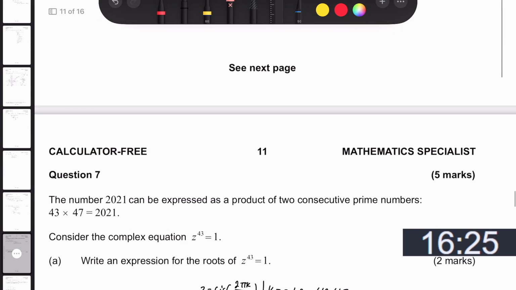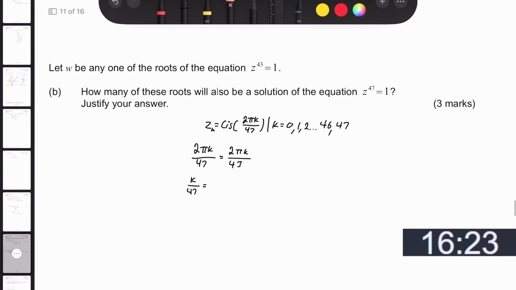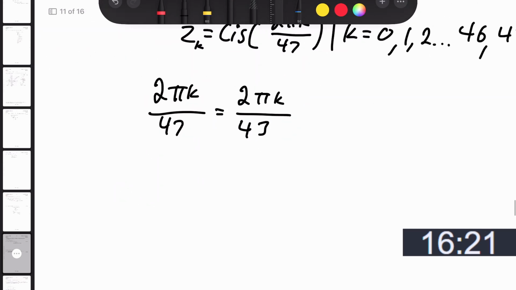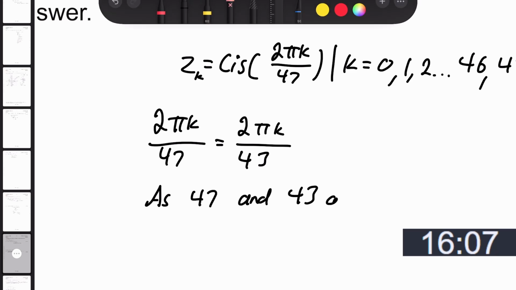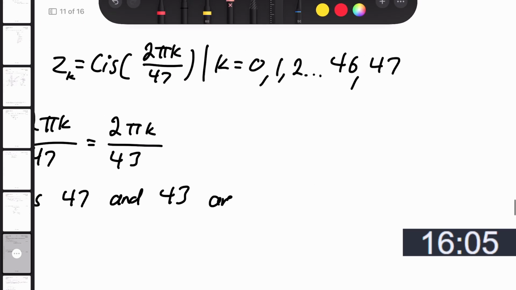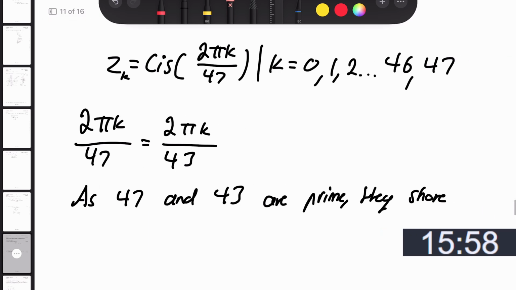No, because 47 and 43 are prime, they share no common factors.